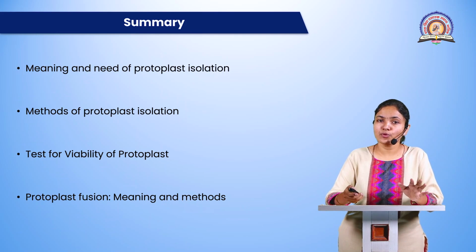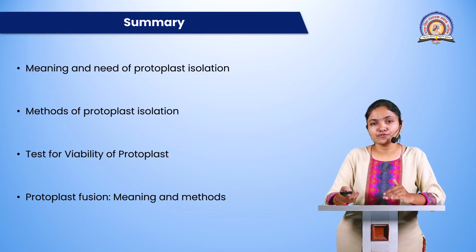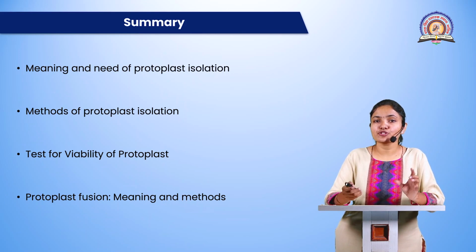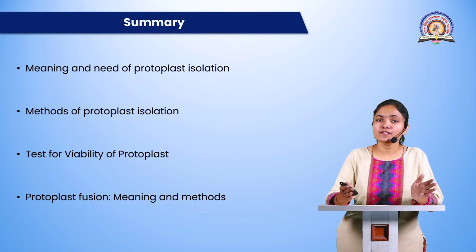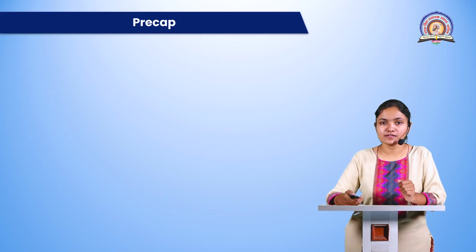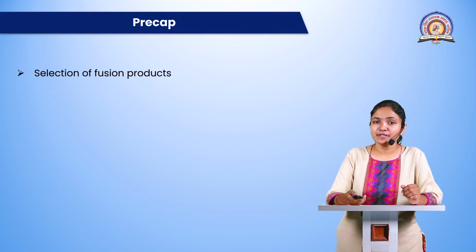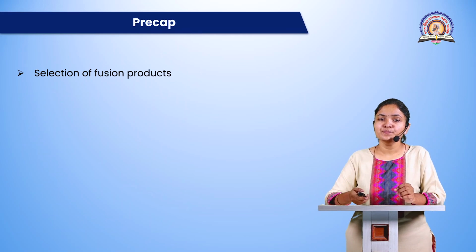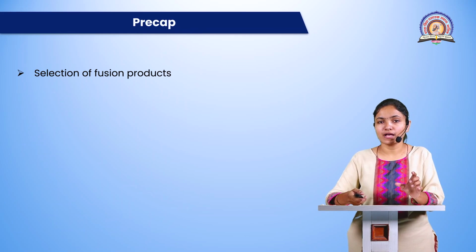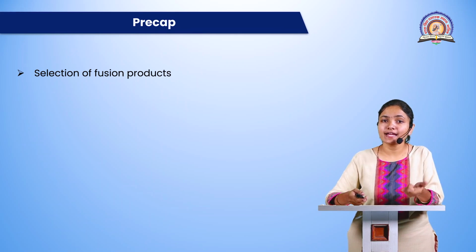So we have seen both the meaning of protoplast fusion and the result after fusion, which is nothing but the formation of a hybrid plant, a result of the fusion of two protoplasts. Now, in the upcoming lecture, you will understand how, after fusion of protoplasts, you identify which one is your heterokaryon.